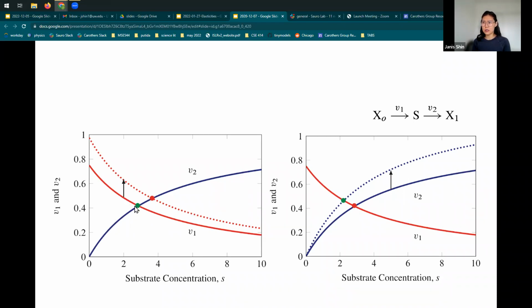Since they would still intersect, the rates would still be the same, V1 would still be equal to V2, except that you can see the S values shift horizontally, so they're not the same.